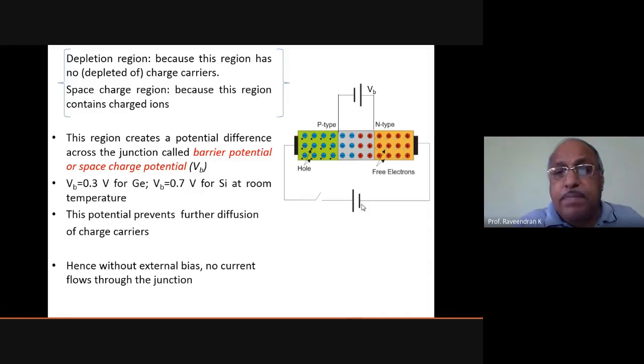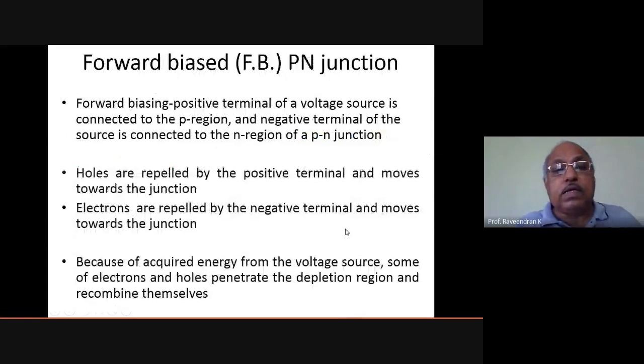That particular connection is called forward biasing of the PN junction. So in forward biasing, the positive terminal of the voltage source is connected to the P region and the negative terminal of the source is connected to the N region of the PN junction.